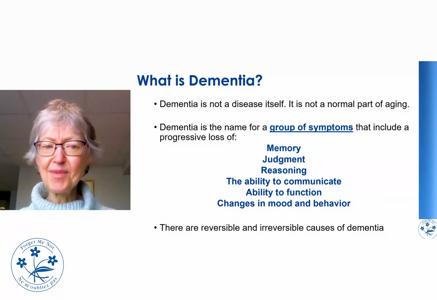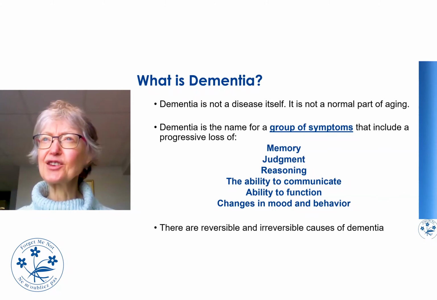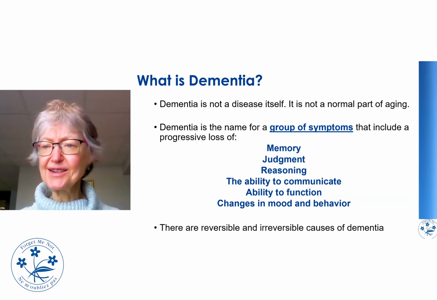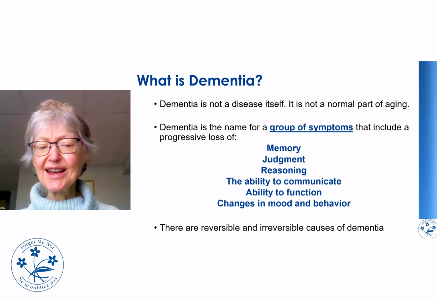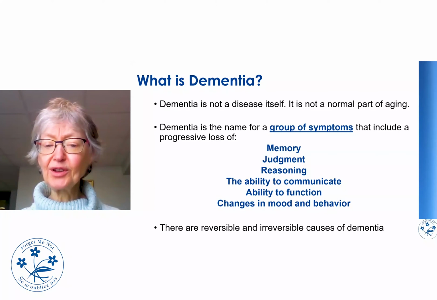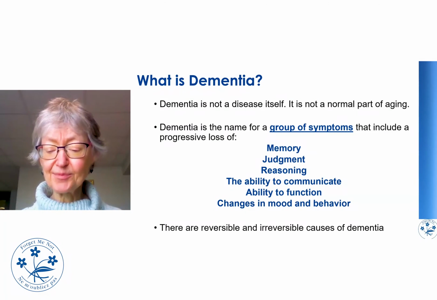When somebody has dementia, it means they're going to have challenges with memory, language, judgment, reasoning, ability to perform daily tasks, and changes in personality and behavior that get worse over time. Down at the bottom, though, there's a little bit of, very little, but a little bit of good news. It says there are reversible and irreversible causes of dementia.